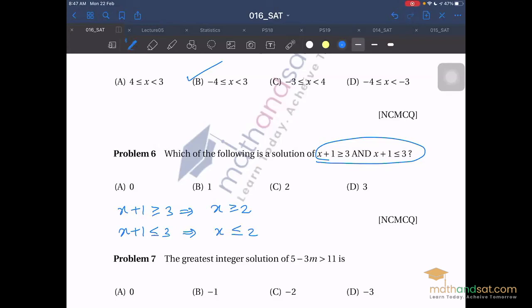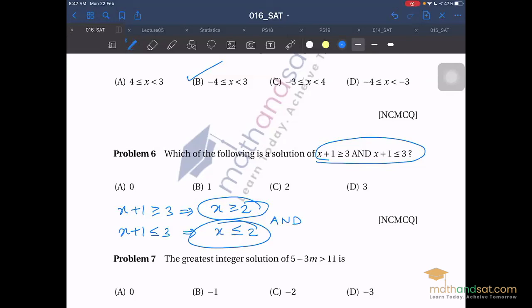This is an interesting question. See, your x is greater than or equal to 2 and they are combined by "and", your x is less than or equal to 2. So what will be the solution set? There is only one number that satisfies both conditions. What is that number?